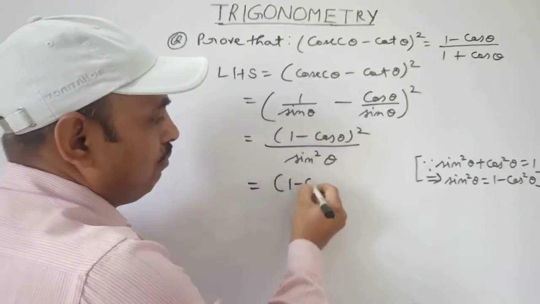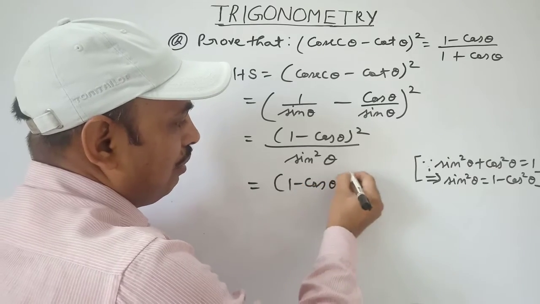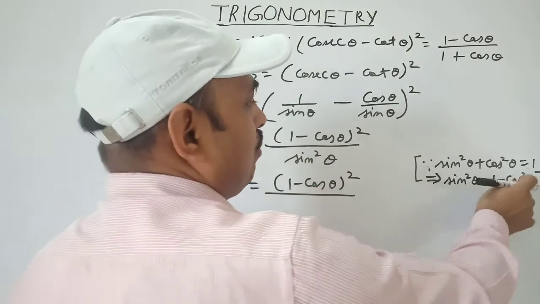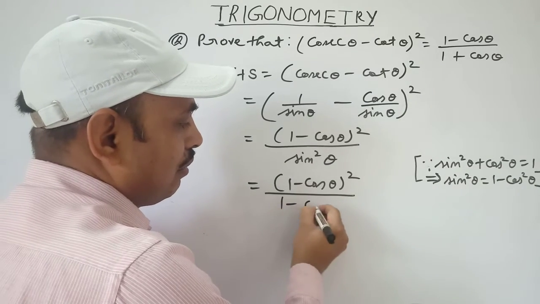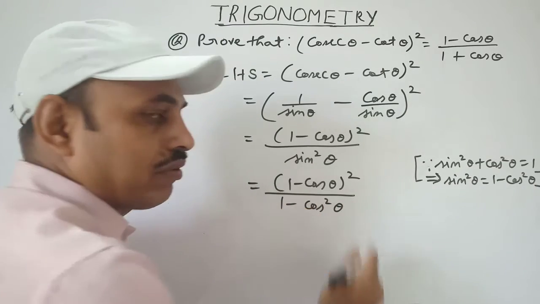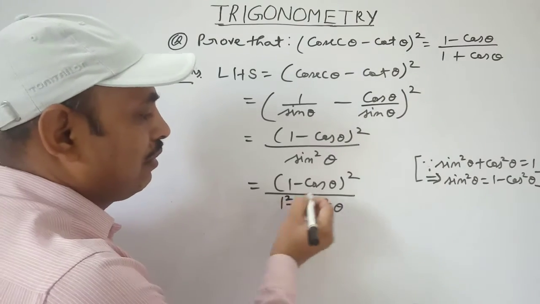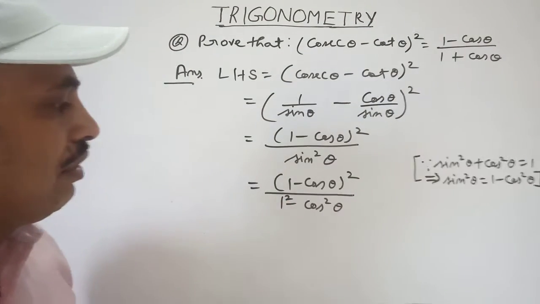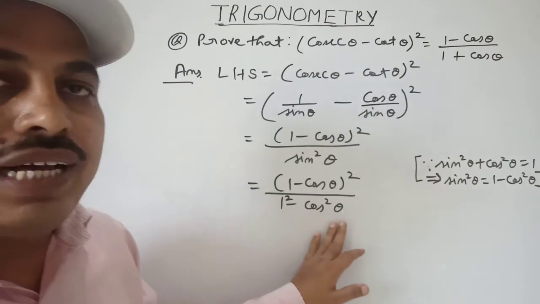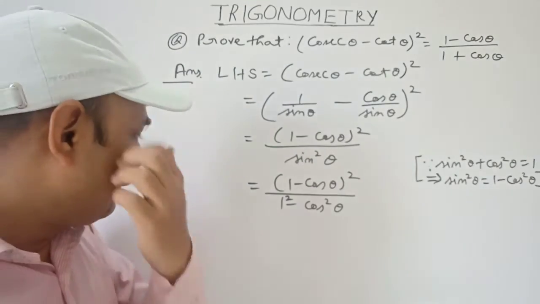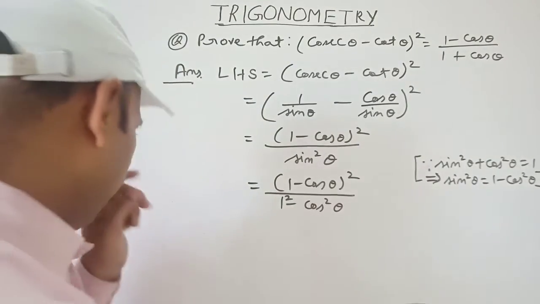So (1 minus cos theta) whole square upon sin square theta equal to 1 minus cos square theta. 1 can be written as 1 square. So this is of the form a square minus b square. So a square minus b square is (a plus b) into (a minus b).